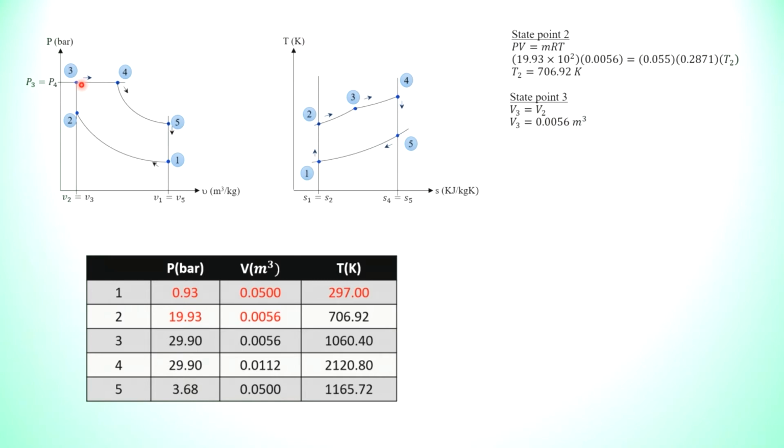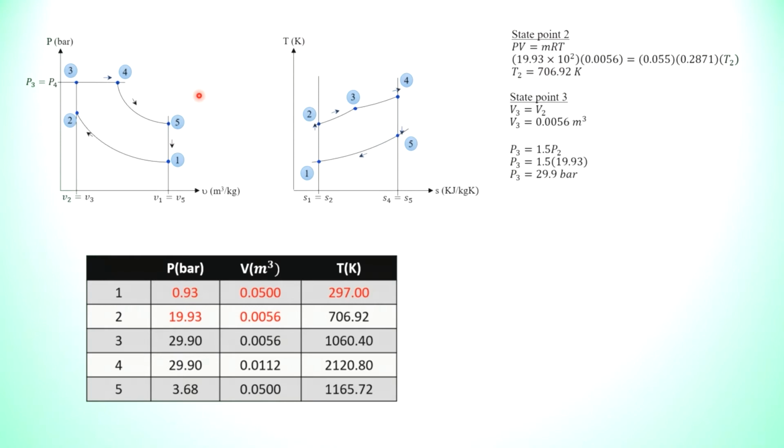Next, state point 3. You can see V3 equals V2, correct? V2 is 0.0056, so V3 will be 0.0056 as well. So you have your volume. And then the pressure.